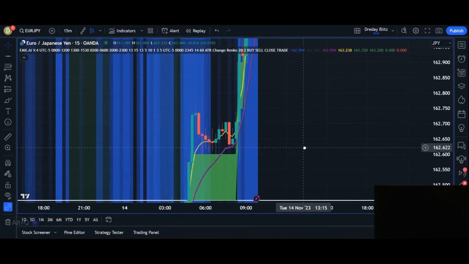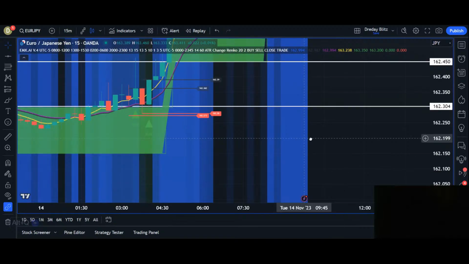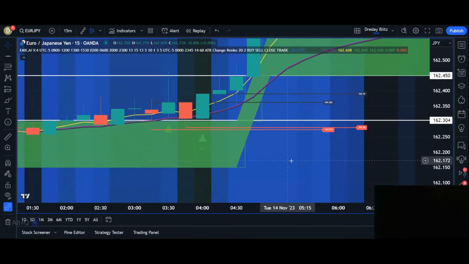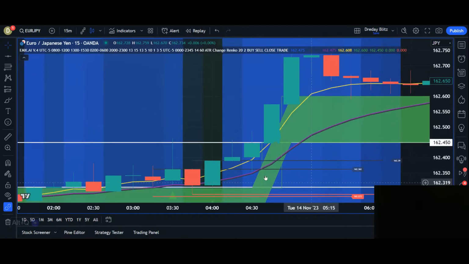So right now, if you have taken those two trades, you would be in good profit overall.